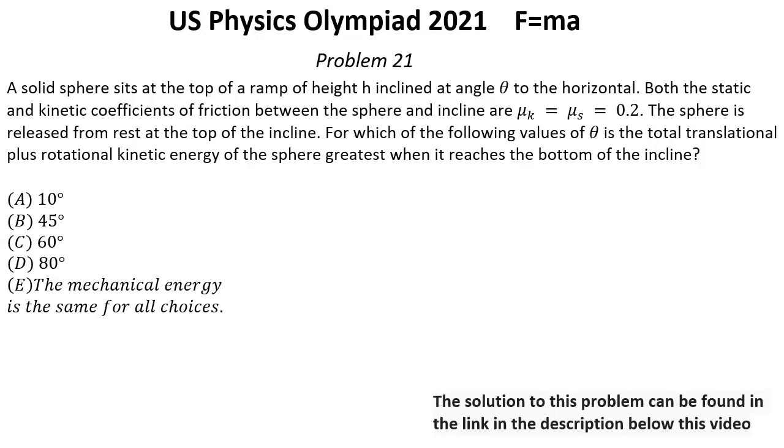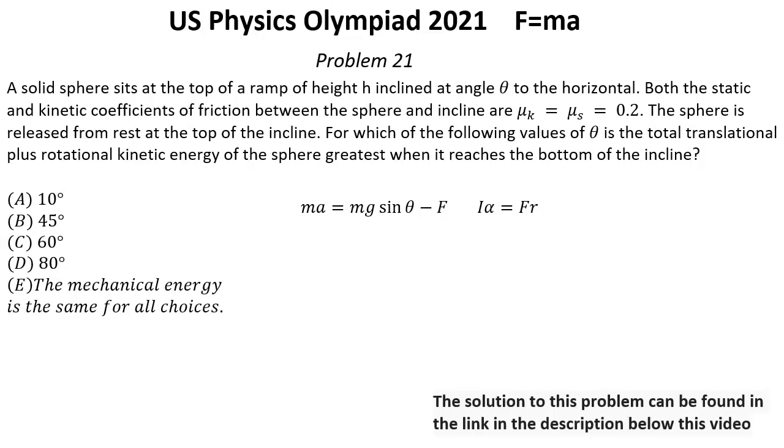It means that we have to find the critical angle for which this is possible. Let's write two equations for translation and rotation. For translation we have ma equals mg sine theta minus force of friction F. For rotation we have I alpha equals Fr.